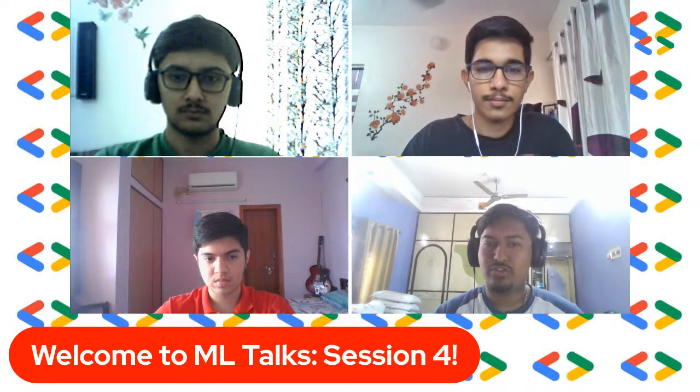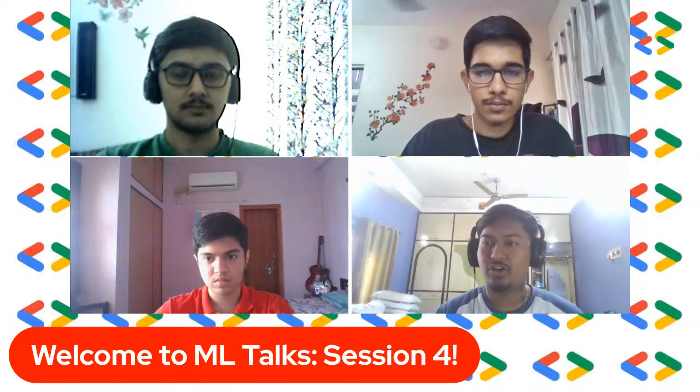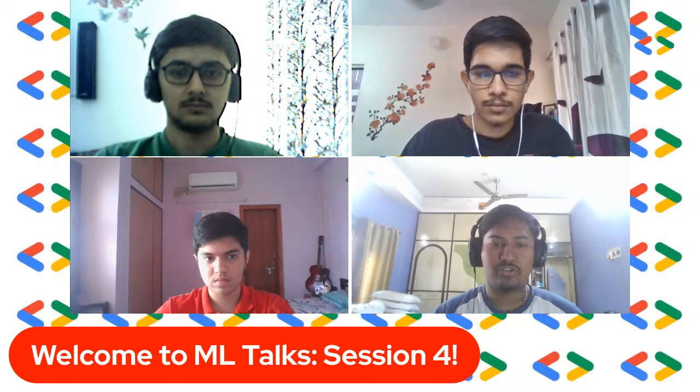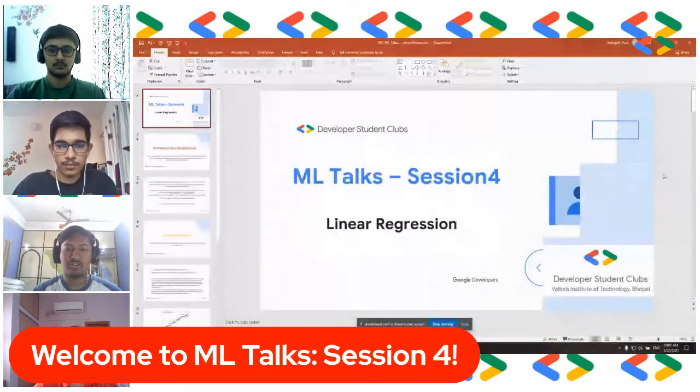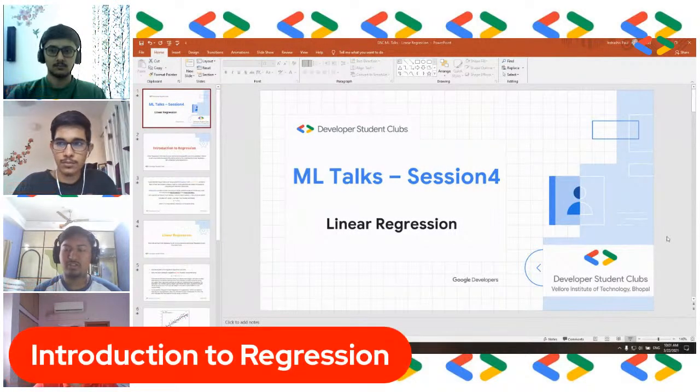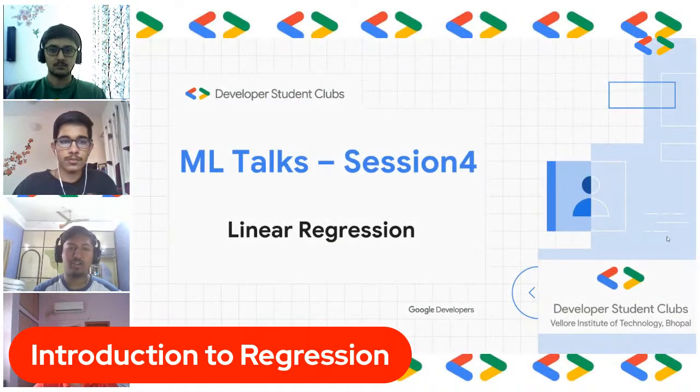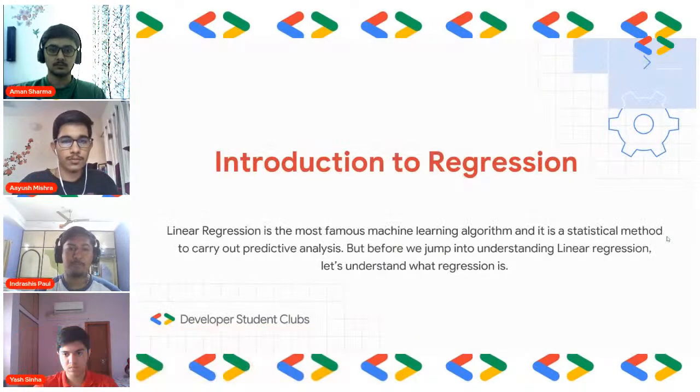So, without wasting any further time, I'll start with today's first topic, regression, specifically linear regression. Before starting linear regression, let's understand a bit about what regression is. I guess you all already know about supervised learning from the first session, where Aman gave us a very good description of what supervised learning is.